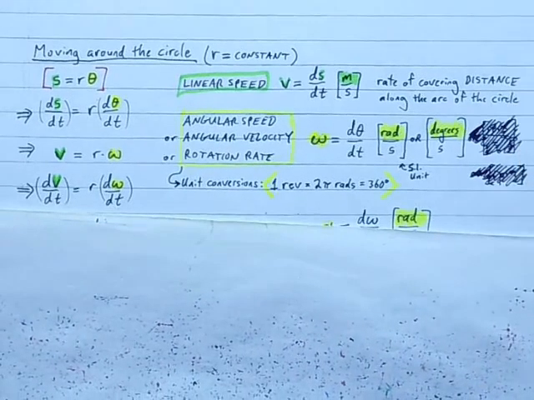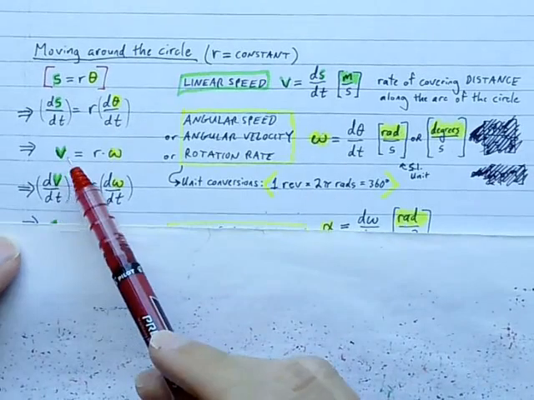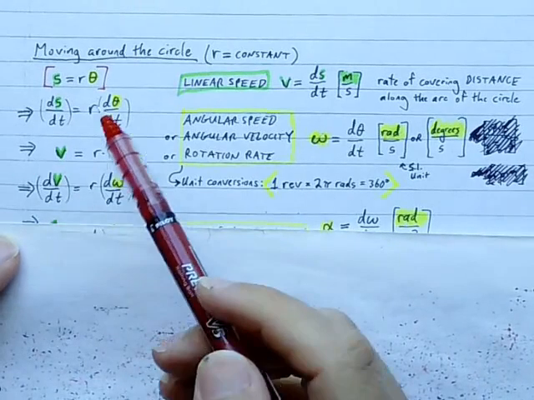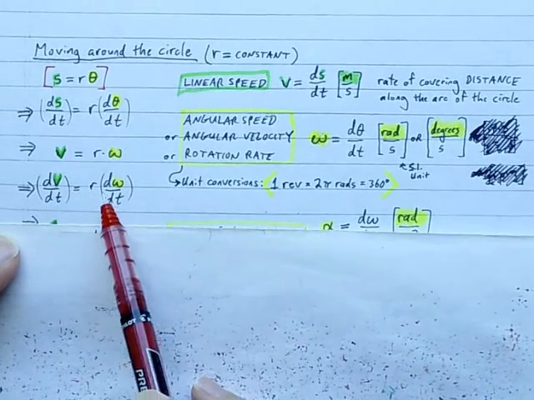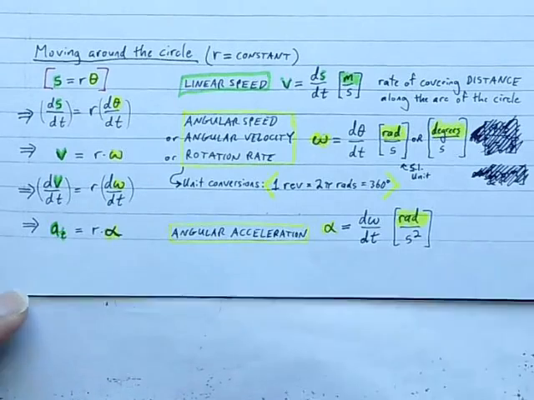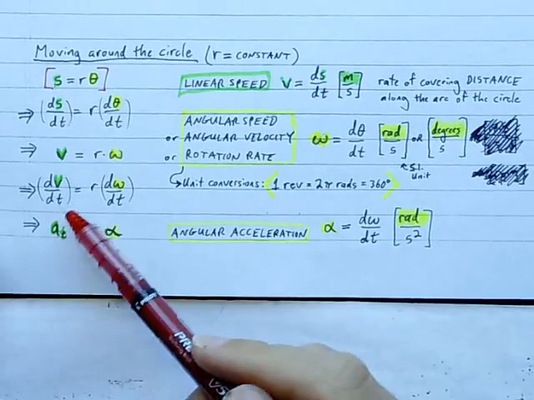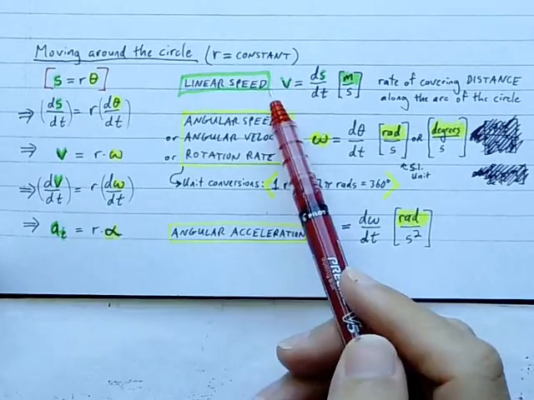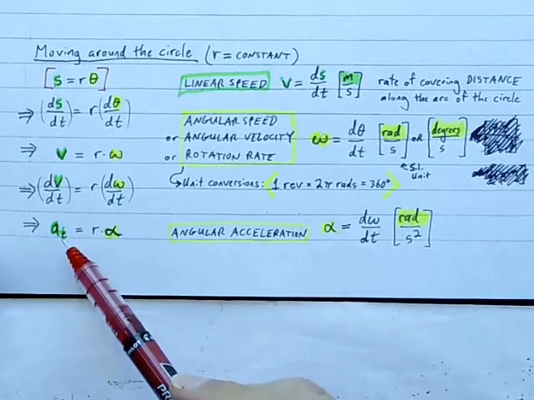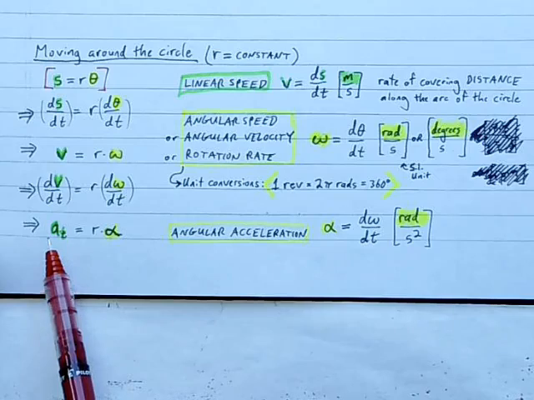Okay, if we take the derivative a second time, so from here do d/dt on both sides again, so dv/dt equals, once again r is constant, times d omega/dt, then we can define 2 more quantities. This, the instantaneous rate of change of your linear speed v, we call our tangential acceleration, a subscript t.